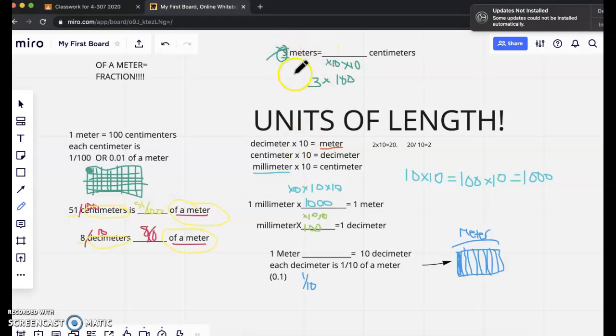So I have to do meters to centimeters. Here's centimeter, times 10. That doesn't get me to meters. Times 10. Oh, that gives me meters. Okay, so I have to do 10 times 10. And then I remember there's a 3. So I do 3 times 100, or 3 times 10 times 10, which gives me 300.